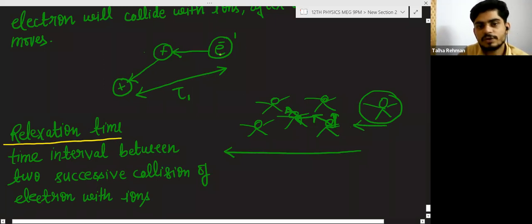So this is the electron, and this electron will collide with this ion. After that, this electron will collide with this ion.